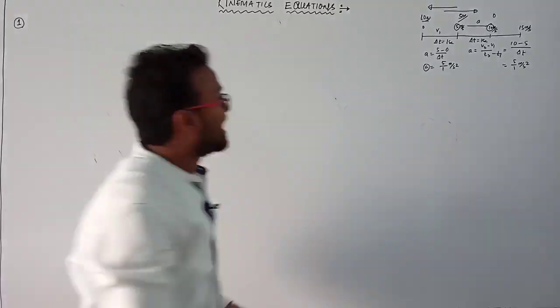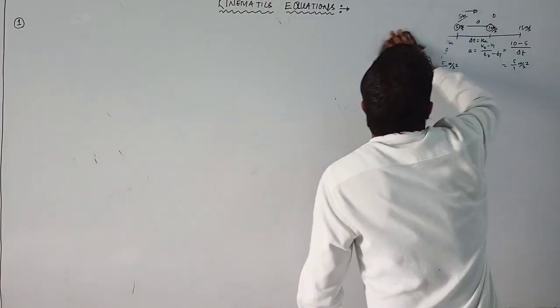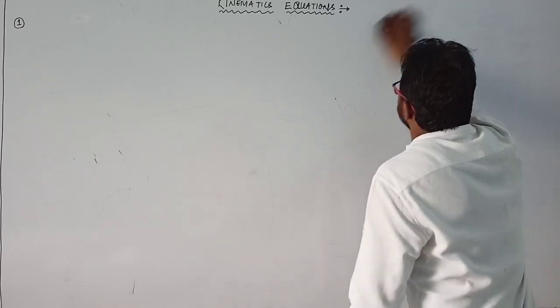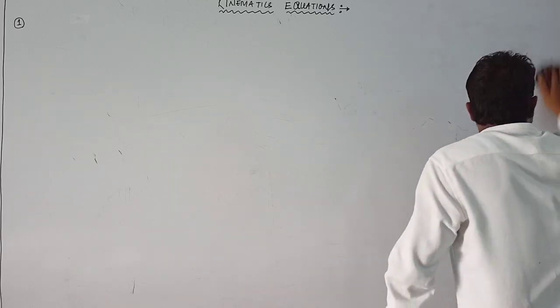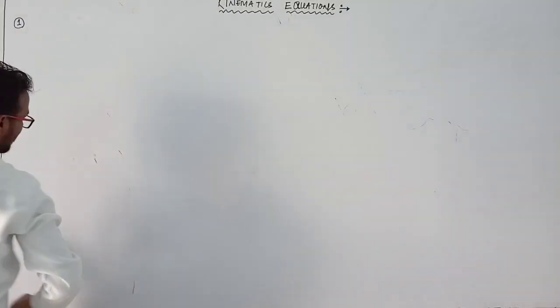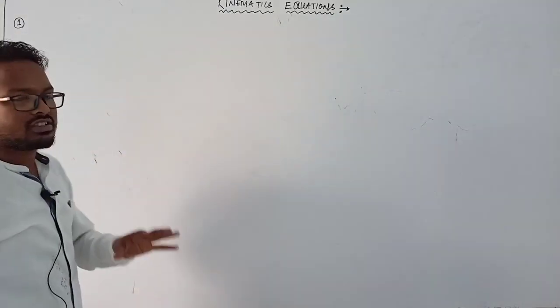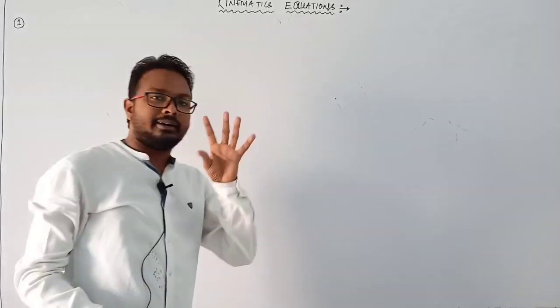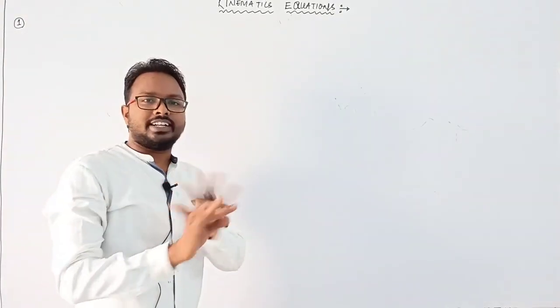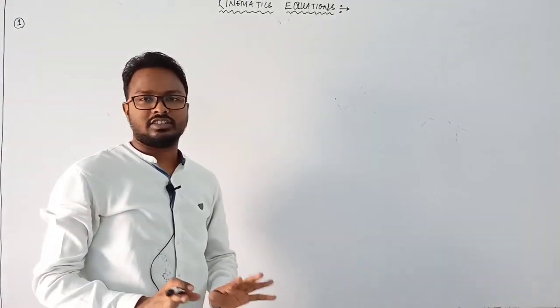Okay, now we will start here kinematic relations, but we have to use this equation for uniform accelerated motion. If acceleration of a body remains constant, then we can apply this kinematic relation, otherwise we cannot apply this kinematic relation, clear?